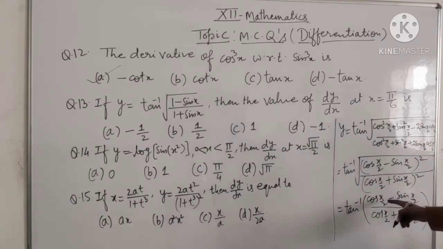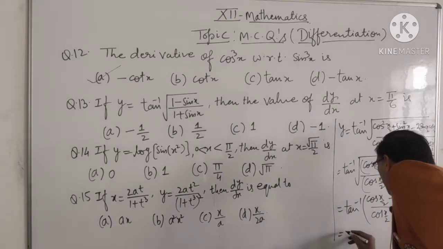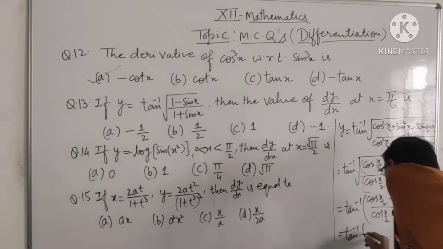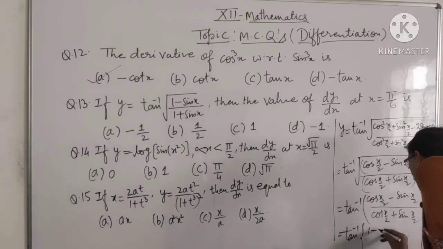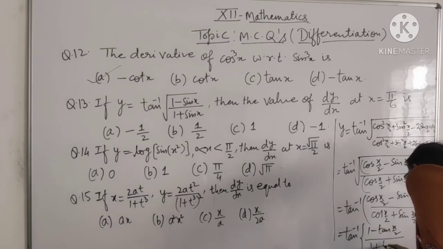Now we will divide the numerator and denominator of this term by cos x by 2. Then it is tan inverse of (1 minus tan x by 2) upon (1 plus tan x by 2).